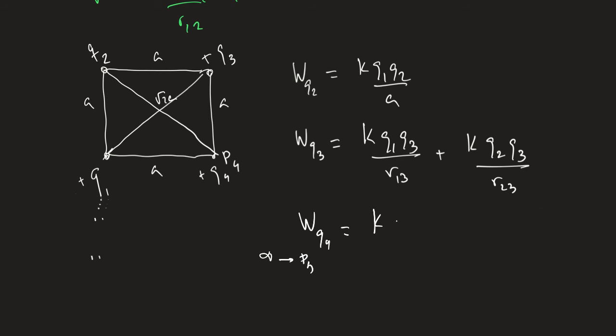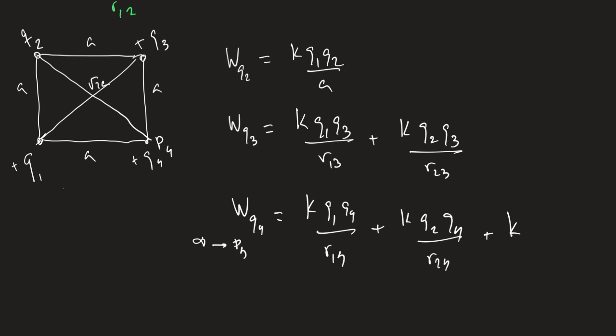So it will be K, Q1, Q4 divided by R14, plus K, Q2, Q4 divided by R24, plus K, Q3, Q4 divided by R34. And the total work will be the sum of this plus this plus this.